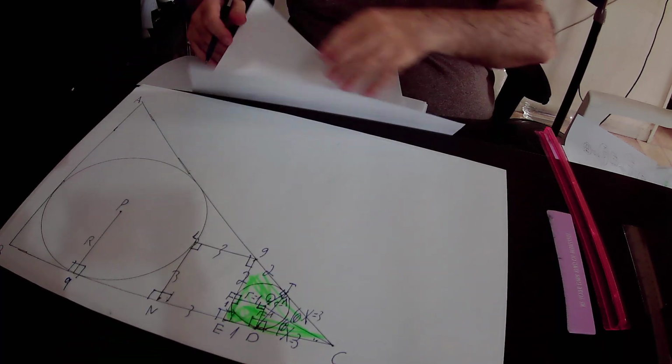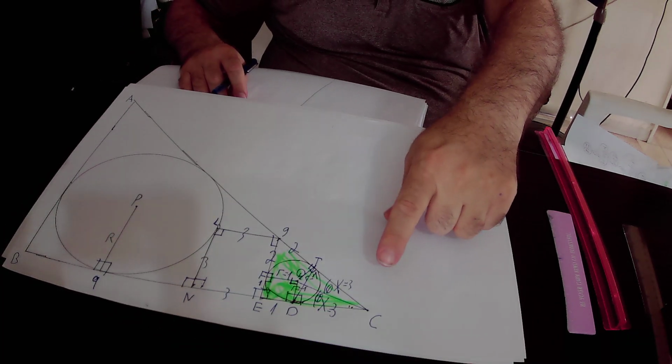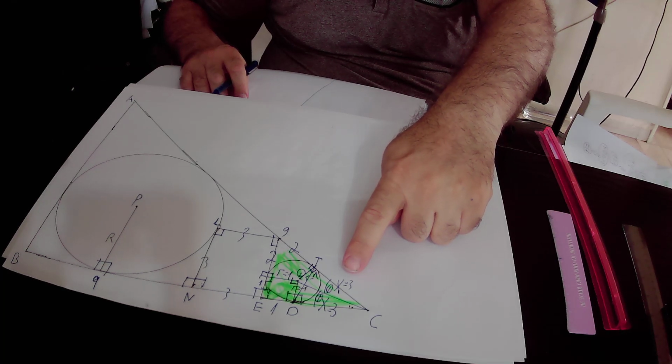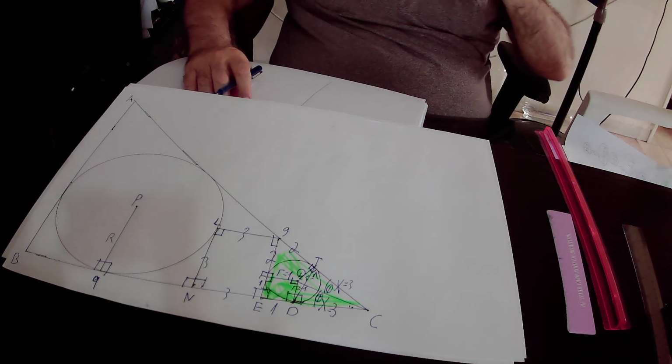Why? Because OC, or CO, bisects angle C into two equal halves. Each half equals theta.